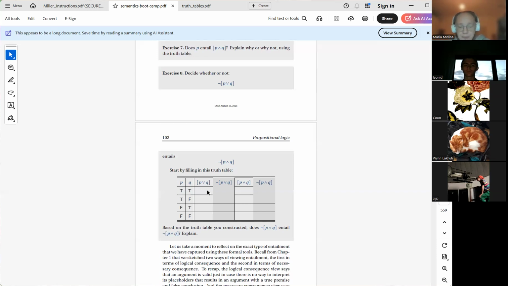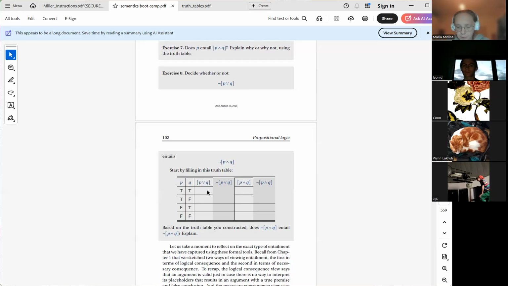Negation of P or Q: false. P and Q, if they both true: true. Negation of P and Q: false.